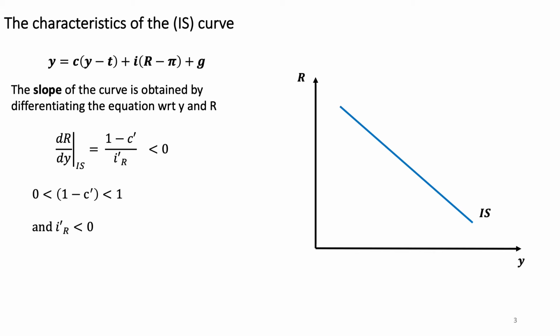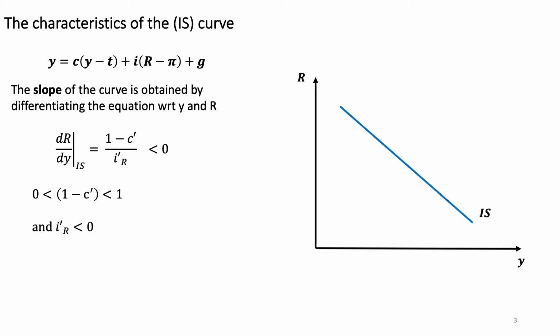So how can we justify this decreasing relationship? Well, first, mathematically, we can calculate the coefficient of the curve. In the plane Y, R, the coefficient is the variation of the interest rate dr when the revenue y varies. We obtain this coefficient simply by differentiating IS with respect to r and y.